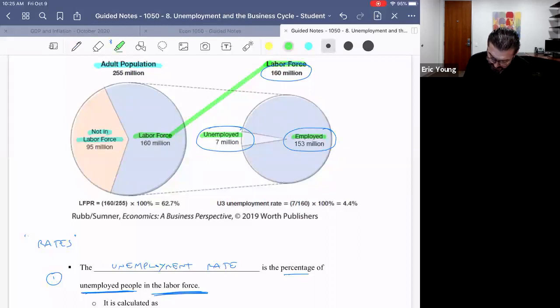Therefore, the unemployment rate, technically it's called the U3 unemployment rate because there's different metrics and measurements, but we'll just go with the unemployment rate. It is defined as the unemployed divided by the labor force. It's going to be 7 divided by 160 times 100. So we would say that with these numbers, the unemployment rate, 4.4%.